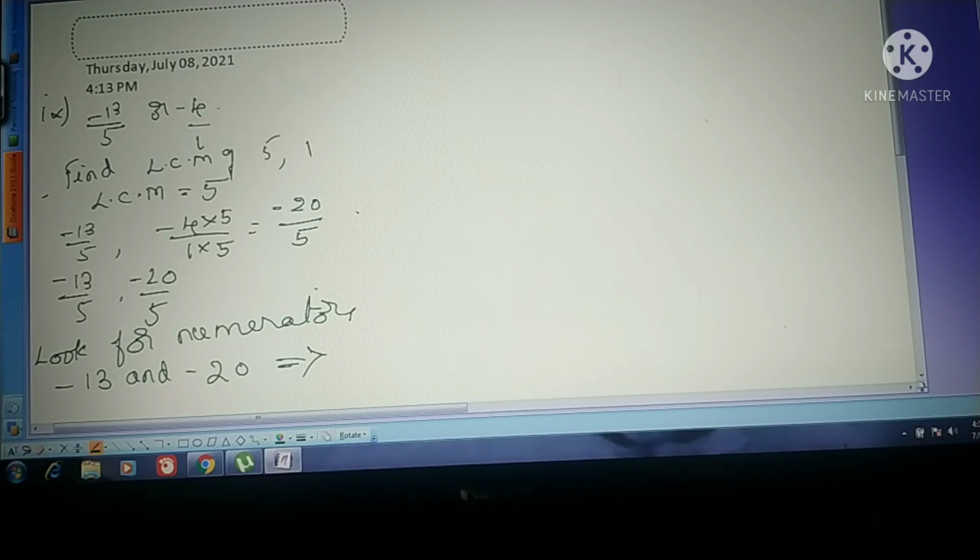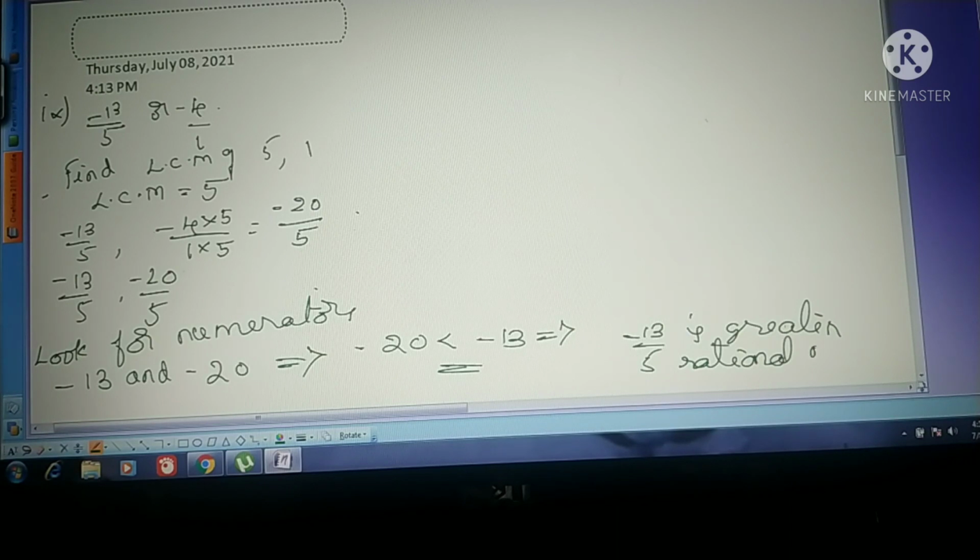From this, we can say minus 13 is greater than minus 20. So minus 13 by 5 is the greater rational number. Understood? Good.